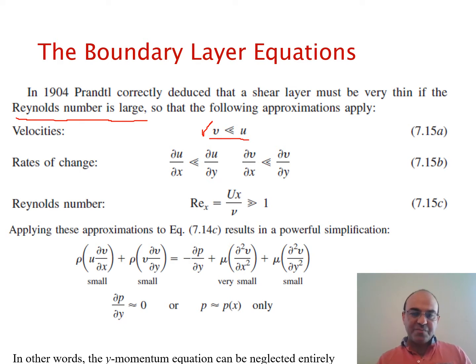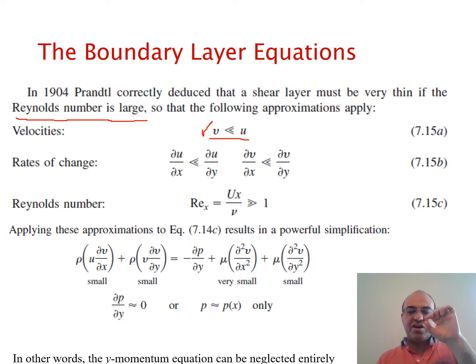We can also argue that the gradient of velocity in x direction, du/dx, is much less than the gradient of velocity u in y direction. Because in y direction the thickness is only delta, the gradients are very large.